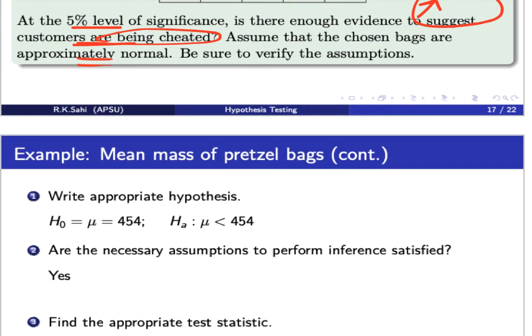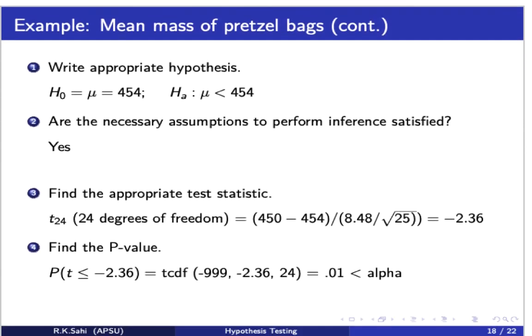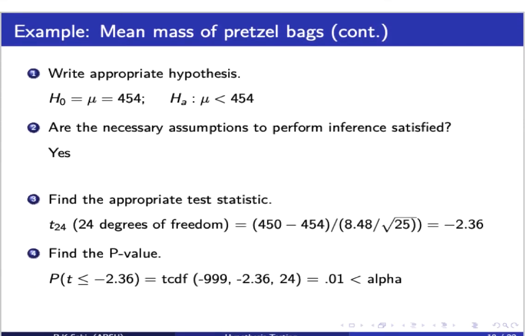You can go through all the little teeny-weeny steps, or you can just go ahead and use the calculator. So the first thing is the necessary assumptions. Yes, because it's a simple random sample, and as the background is approximately normal, we are good to go.